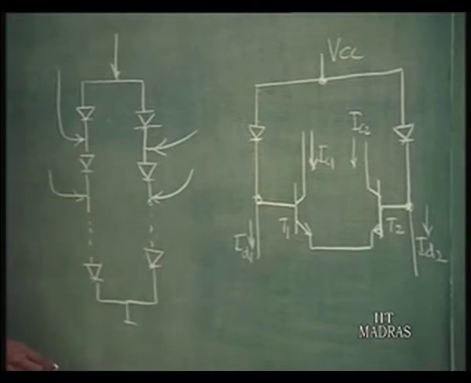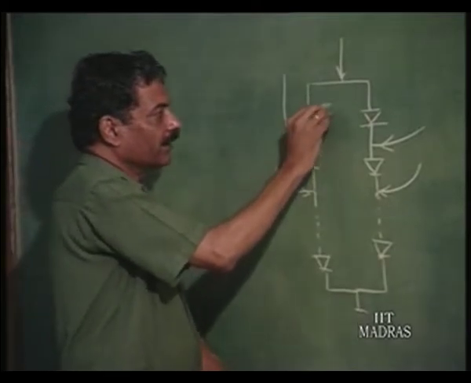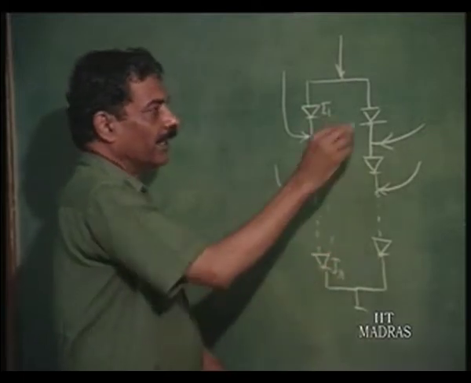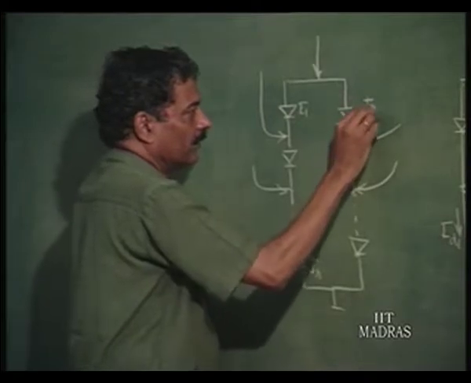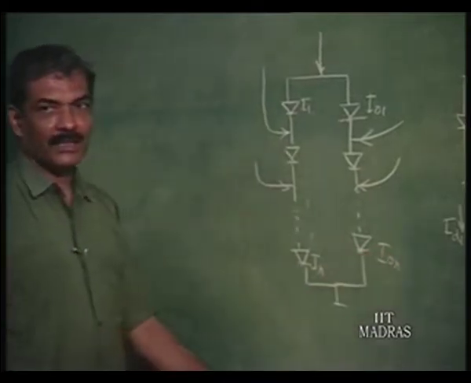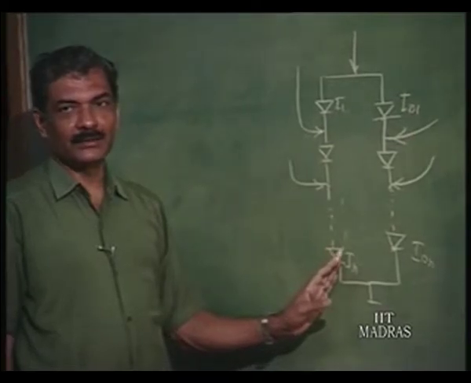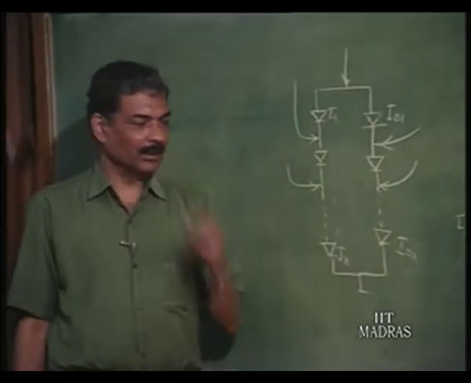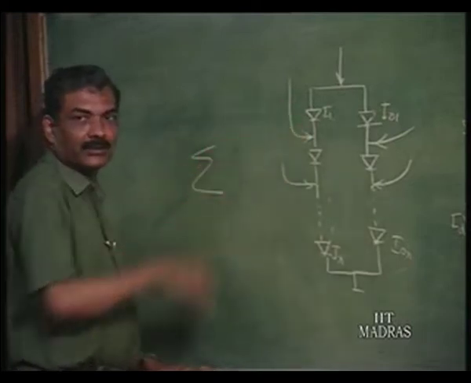If that is the case, then the product of the currents in each of these diodes, let us say this is I1 up to In, and this will be, let us say, I01 up to I0n. The product of the currents of these anticlockwise connected diodes, okay, is the same as the product of the currents in this. This can be easily proven because summation of all these voltages should be equal to 0.